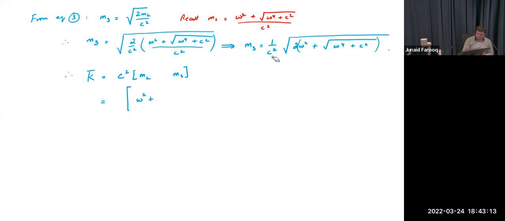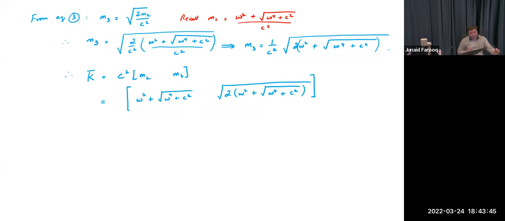Right, so m2 and m3 both have c squared. So the c squared outside was going to cancel the thing. So what we get is omega squared, something like this, and then a big square root 2 omega squared plus square root omega 4 plus c squared. Yeah, so that's the gain that is an optimal gain for minimizing the cost function that was described in the problem setup.